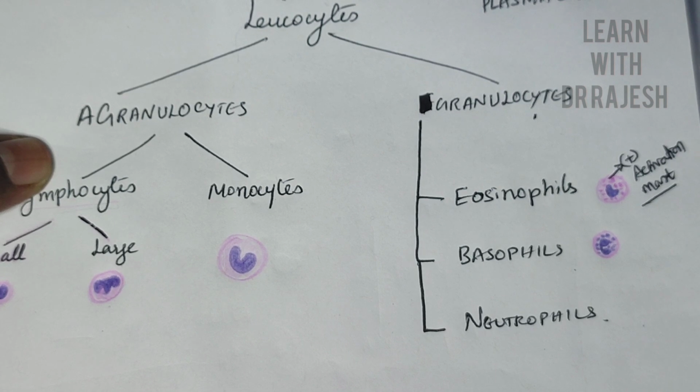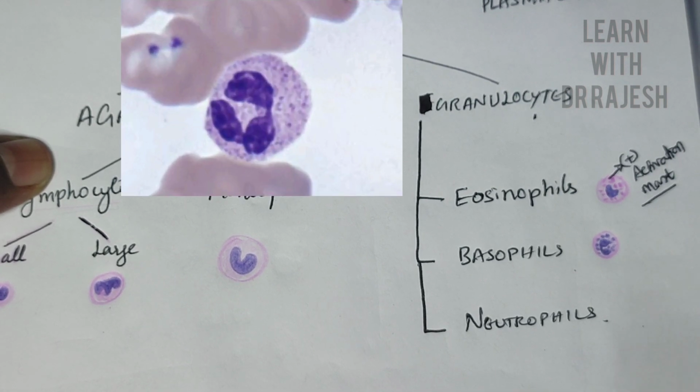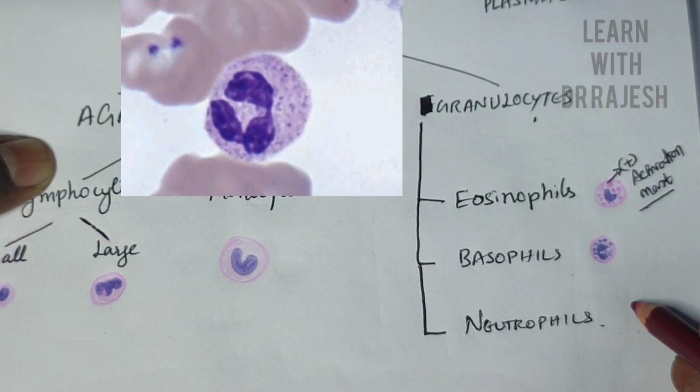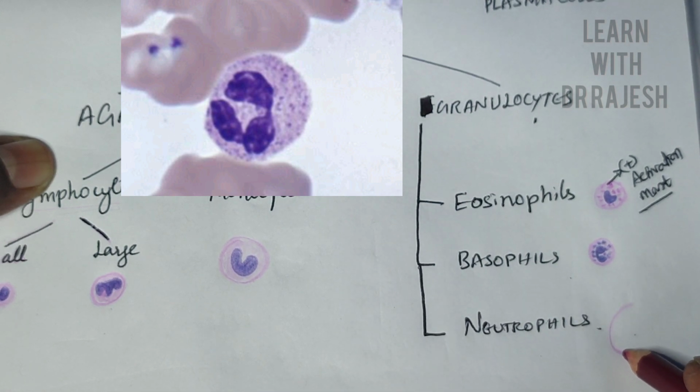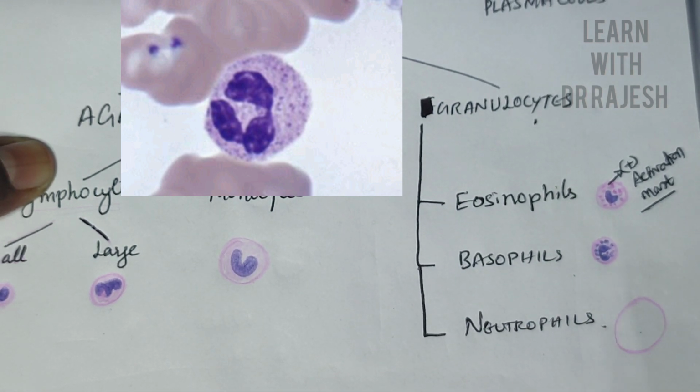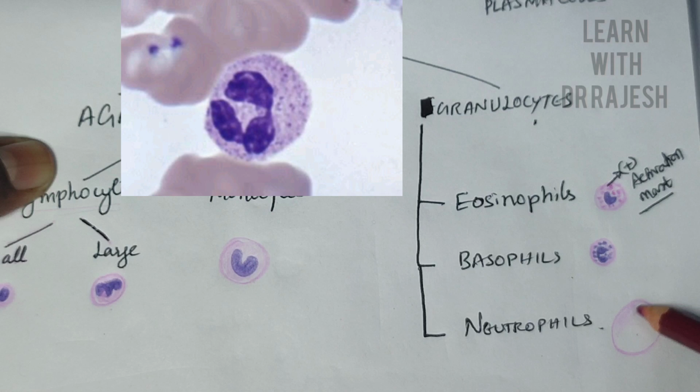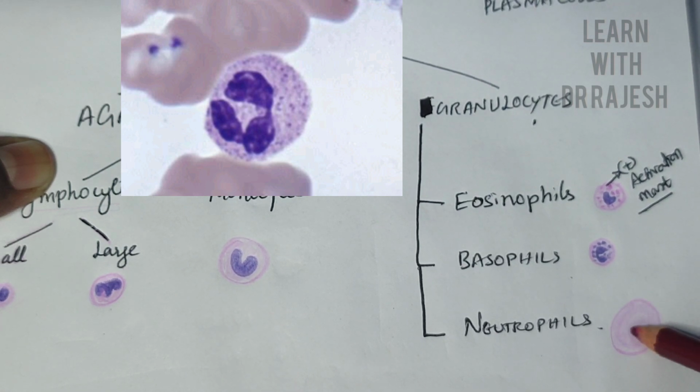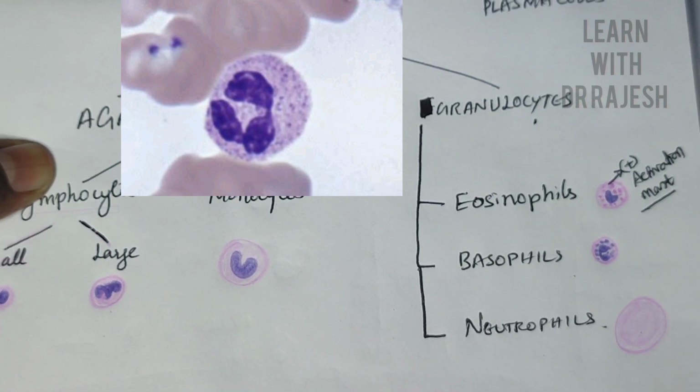Next, the neutrophils. How to draw the neutrophils? The neutrophils will have a characteristic multilobular nucleus. It has many small lobes which are connected to each other. So this is the neutrophil with cytoplasm.